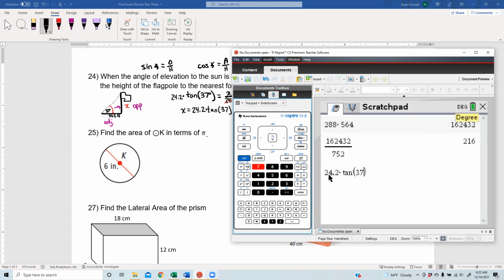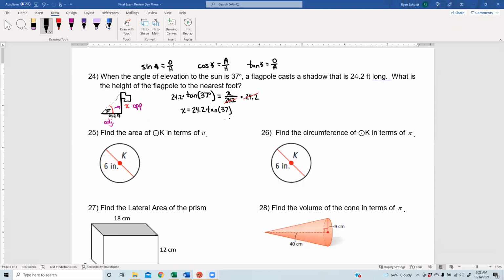It does, so I'm good. Let's hit enter. 18.236. Now the problem says round to the nearest foot. So the nearest whole number means this is approximately 18 feet tall.